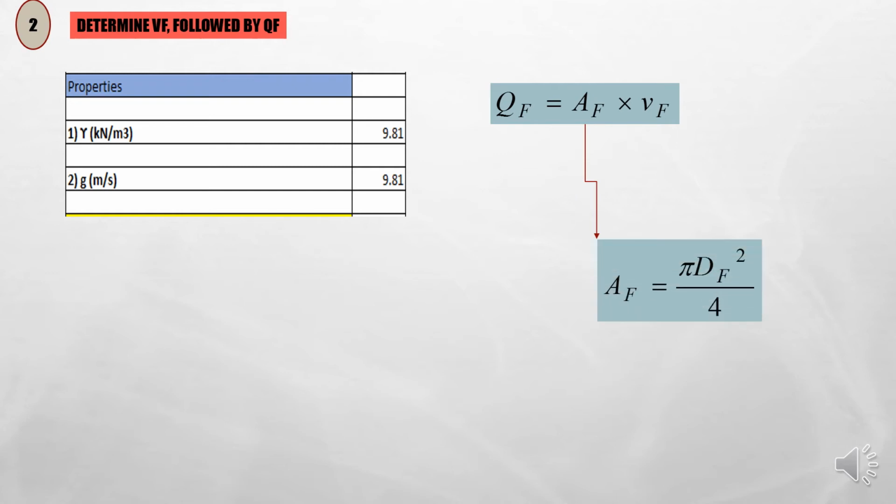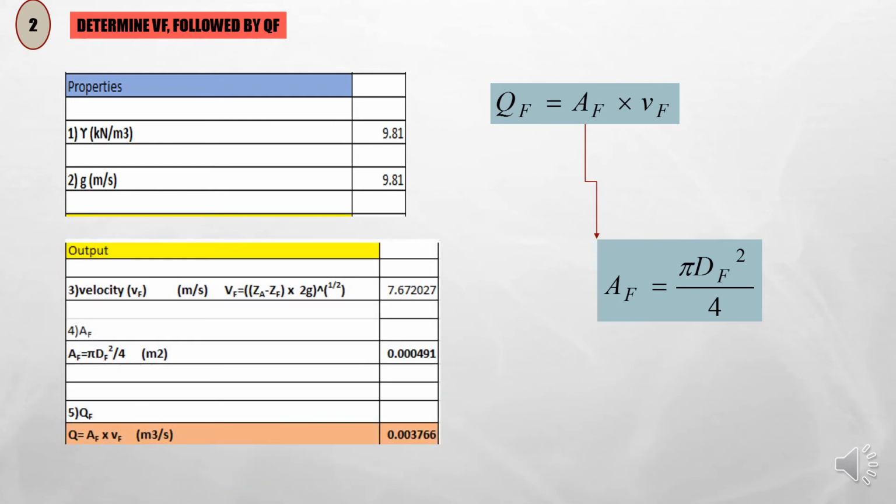Since AF can be obtained from this formula, and the DF is given, of course, we get the QF, which is equal to 0.0036766. So in the previous part, we are done with point F, where we were able to determine the QF.